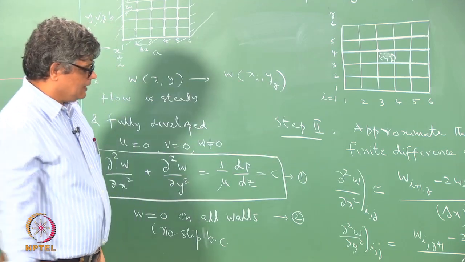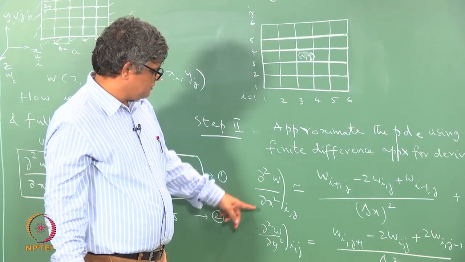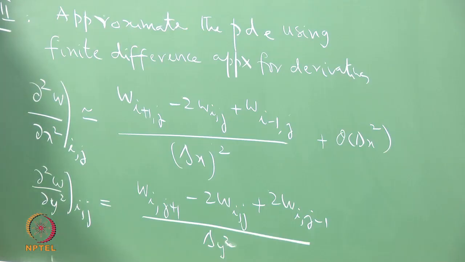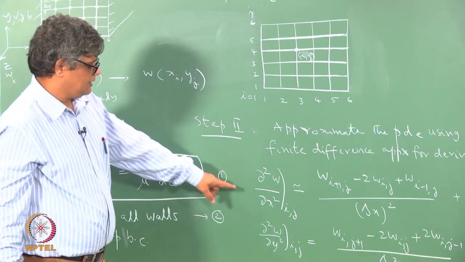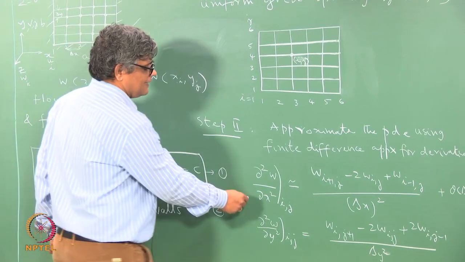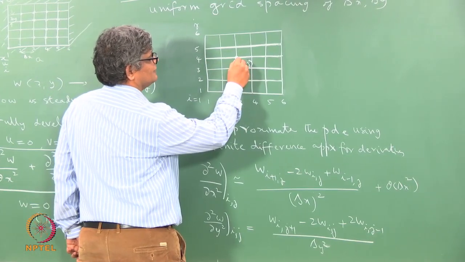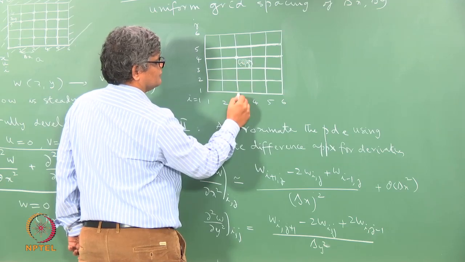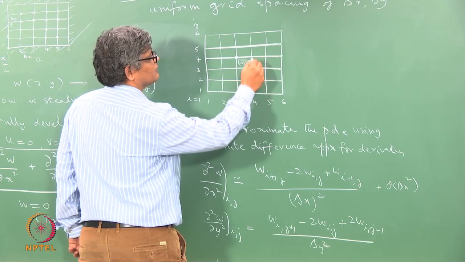If we come to the first approximation, ∂²W/∂x² at (i, j), we are representing the second derivative in the x direction at this point. This is written as W(i+1, j). This is i plus 1 because it is to the right; if i is equal to 3, then i plus 1 is 4.